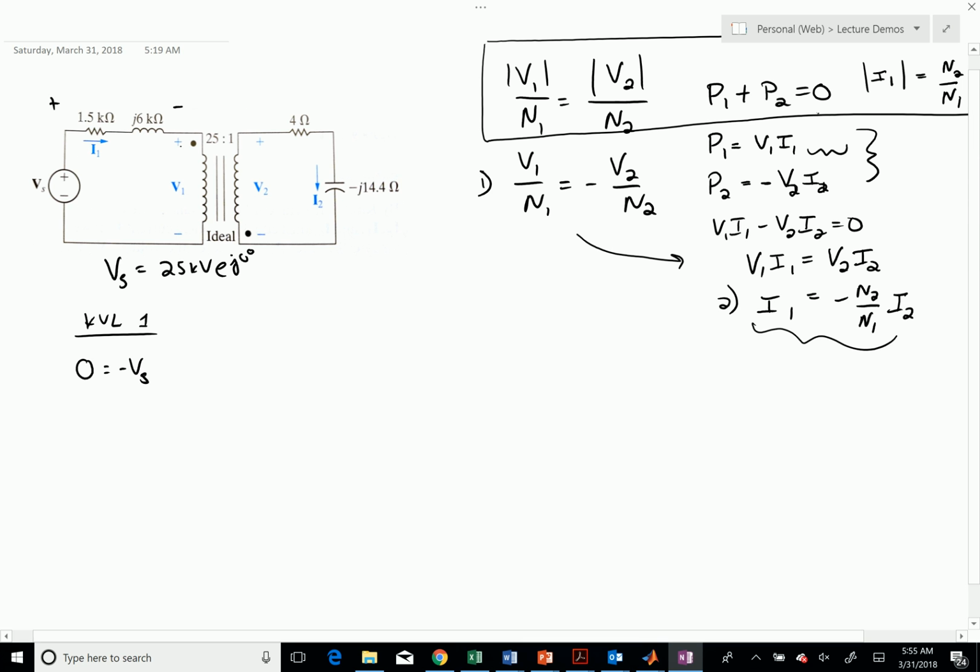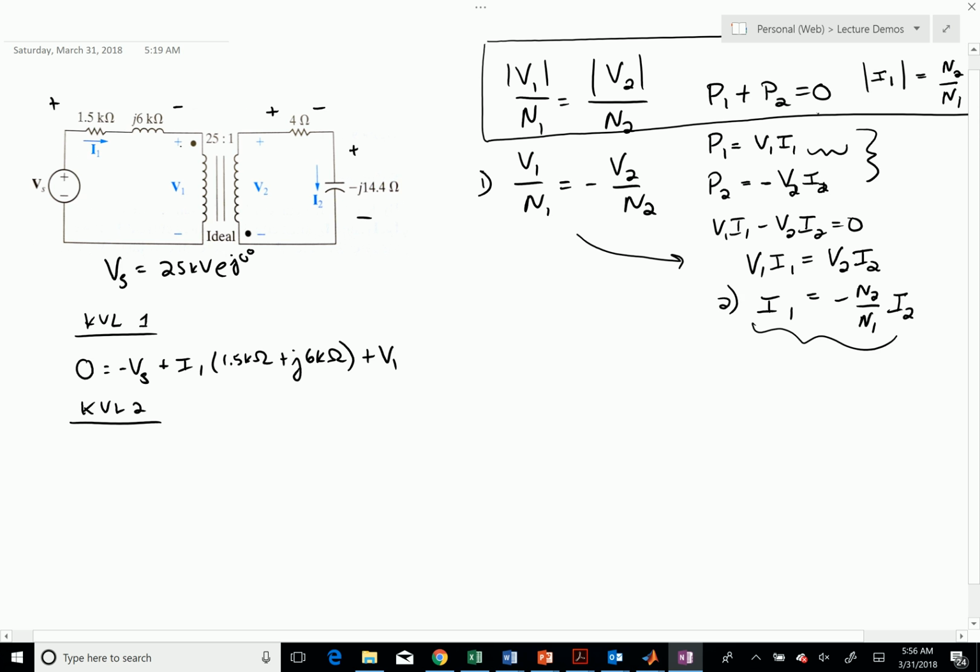On my load, given that the current's different now, I'm going to do my polarity like that. That way I have current flowing into the plus sign. So going around clockwise, going minus Vs plus I1 times the 1.5 k ohm plus j times 6 k ohms plus V1. And then I have my KVL2.